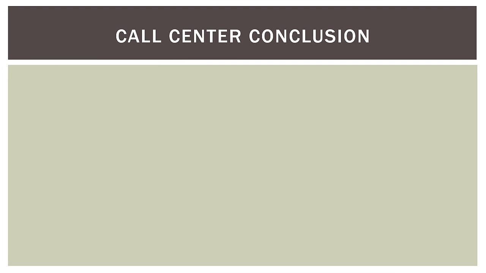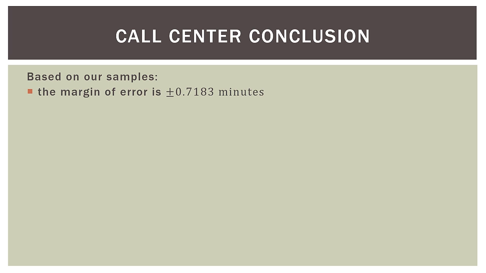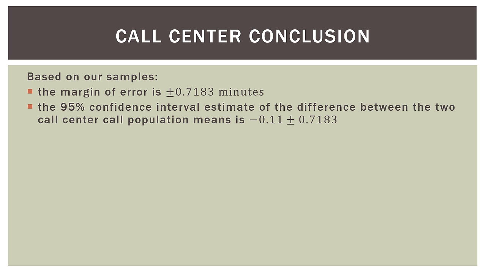So what is our conclusion about this calculation? Based on our samples, the margin of error is plus or minus 0.7183 minutes. The 95% confidence interval estimate of the difference between the two call center population means is negative 0.11 minutes plus or minus 0.7183 minutes.